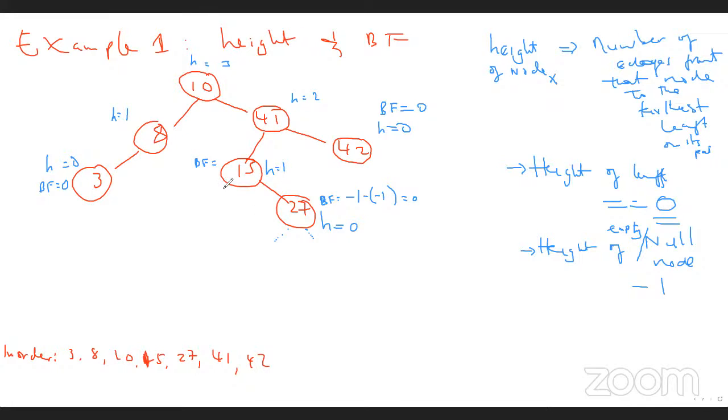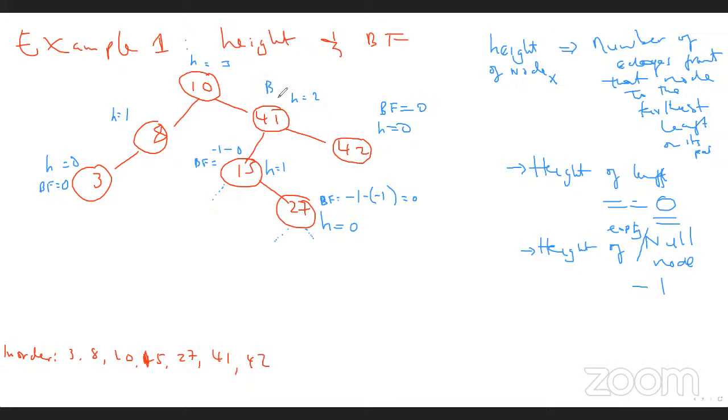How do we know that? Because the left-hand side is -1, minus the height of the right-hand side. The height of 27, 27 is on the right-hand side. So the height of 27 is 0. So it's -1 minus 0. So the BF here is -1. What about 42? We know already 42. What about 41?